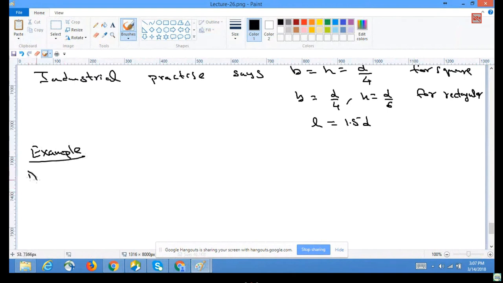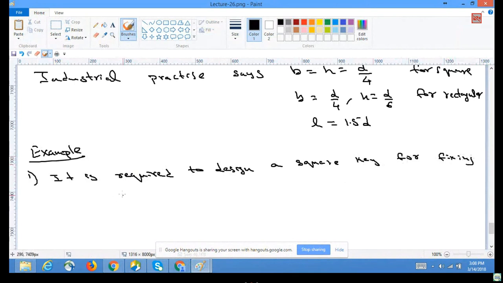So it is required to design a square key for fixing a gear on a shaft of 25 mm diameter.